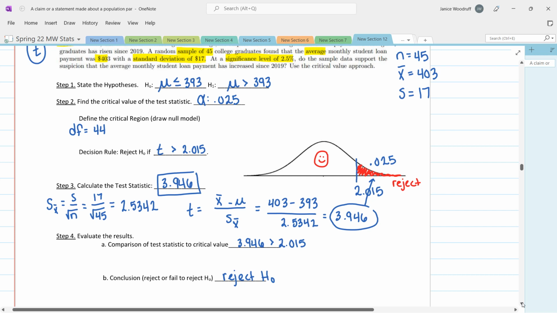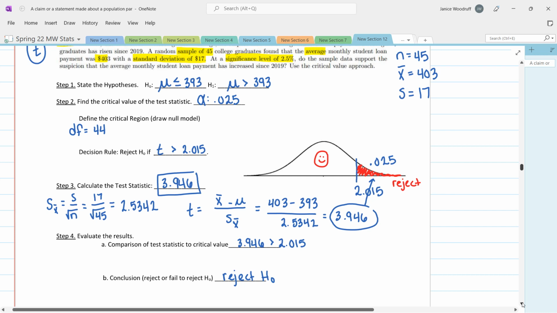So we have significant evidence, at a 97.5% level of significance, that the student loan payment is likely not less than or equal to $393. We can't say it is, because we're not actually proving the alternative. We're just rejecting the null.